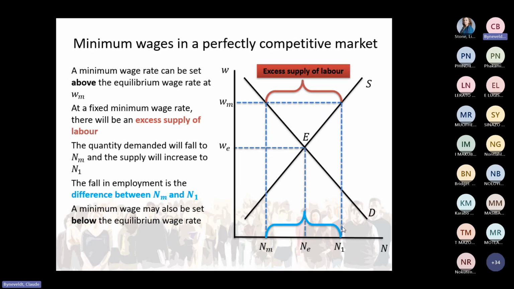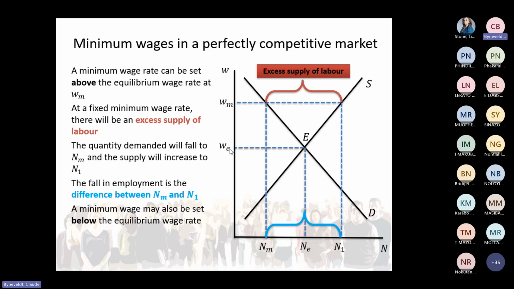The demand for labor is downward sloping, a negative relationship between the wage rate and the quantity of labor demanded. The supply of labor curve shows a positive relationship between the wage rate and the number of workers supplied. There is the equilibrium, the point of intersection.